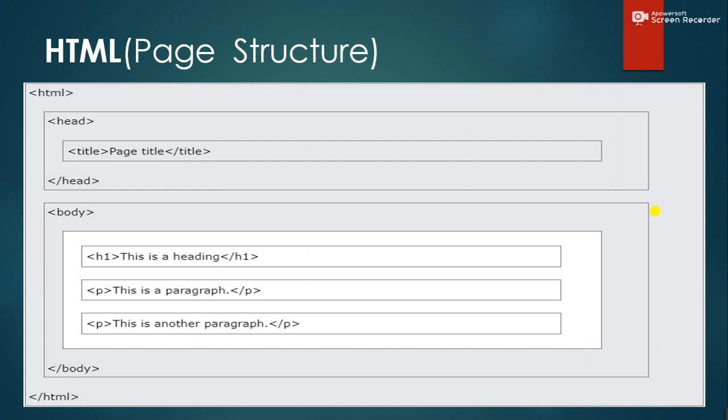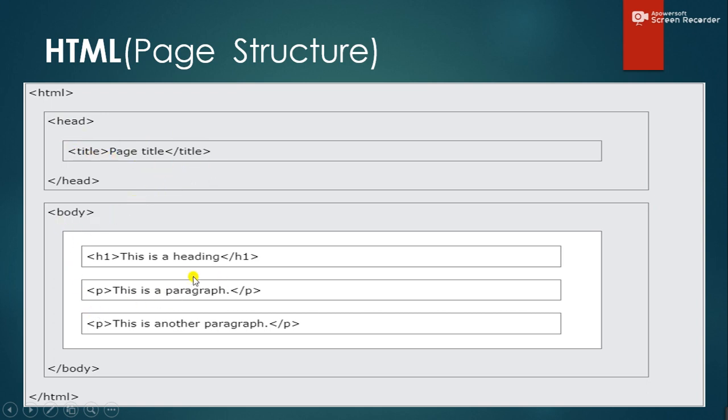In this slide I graphically represent the basic syntax of HTML, in which the parent is the HTML tag. Inside it we have two areas. At the top we have the head area, inside the head we have the title, and at the bottom we have the body.